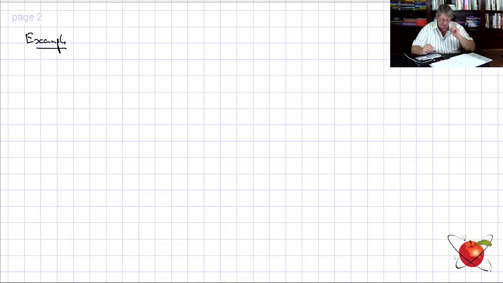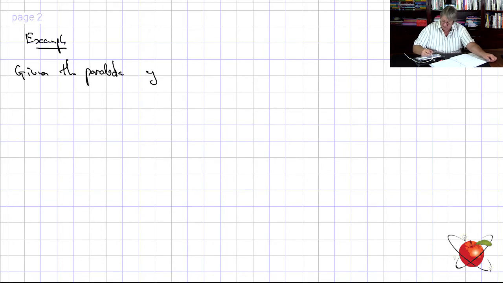The example of this is: given the parabola y is equal to, it doesn't matter, minus 3, x minus 3 all squared plus 5.